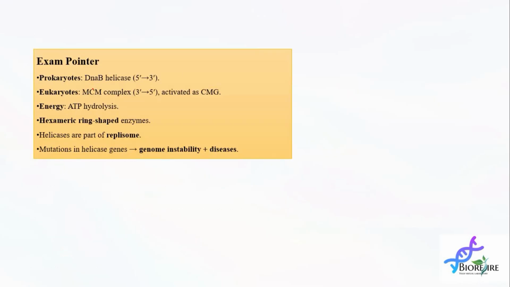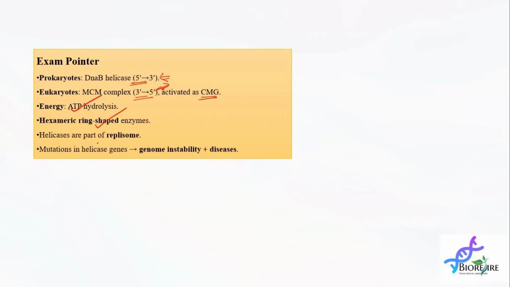Some pointers: prokaryotic helicase moves 5 prime to 3 prime on the lagging strand. The MCM complex moves 3 prime to 5 prime, activated by CMG, on the leading strand. And the process depends upon energy, basically ATP hydrolysis.